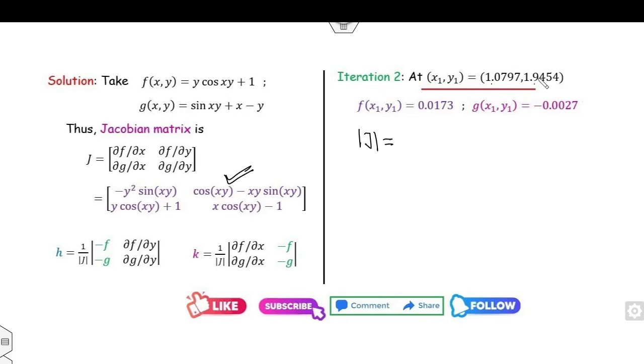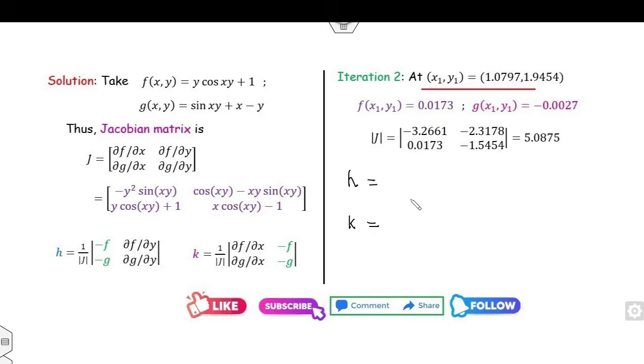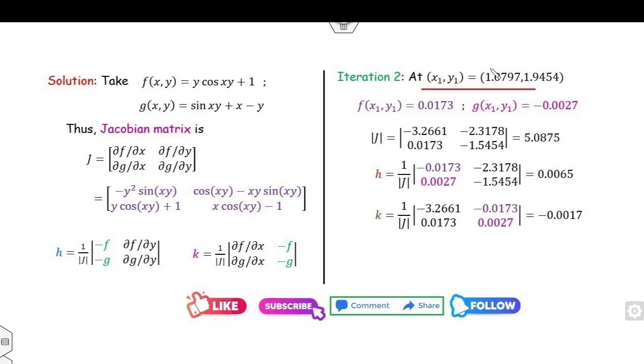After substituting the values of x1 and y1, you will get 5.0875. Find the value of h, find the value of k as I discussed. You can calculate the values of x2 and y2. Clearly, up to the 2 decimal places, 0.07, they are not the same.